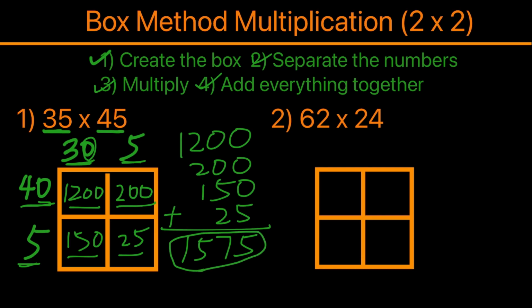Now feel free to punch the numbers in the calculator and see if the answer comes out the same. So just input 35 times 45 in the calculator and see if the answer comes out to be 1575.